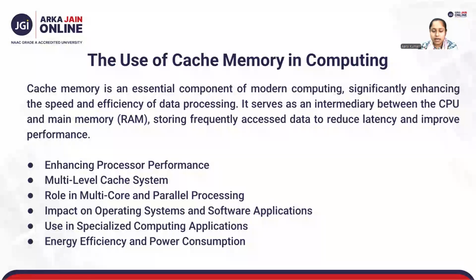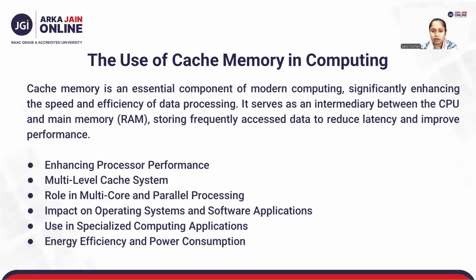Impact on operating system and software applications. Operating system and software applications rely on cache memory to improve execution speed and efficiency. Key areas where cache is extensively used include operating system caching: the OS kernel uses caching techniques to store frequently accessed system calls and processes, reducing load times.